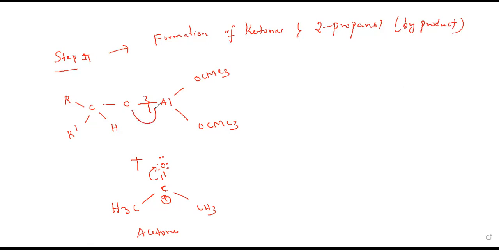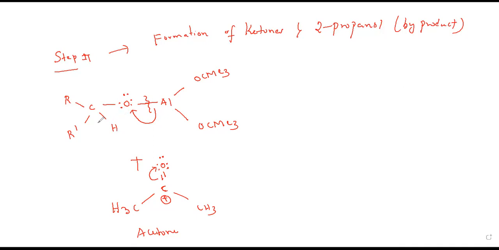So when you break the sigma bond, the electrons will come out and migrate towards oxygen, which will get one additional lone pair of electrons.